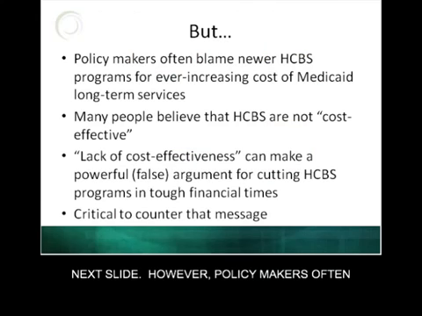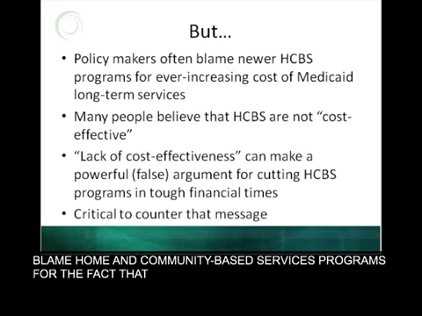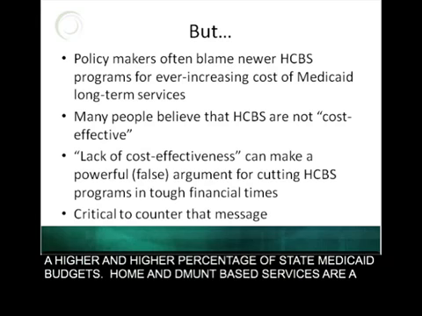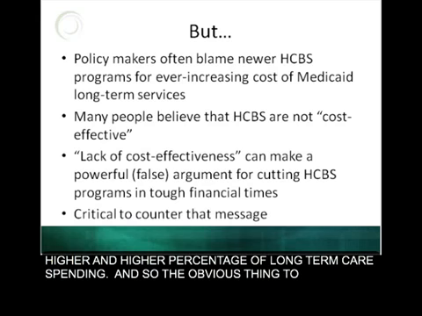Next slide. However, policymakers often blame home and community-based services programs for the fact that Medicaid budgets are always increasing. Long-term care expenditures become, over time, a higher and higher percentage of state Medicaid budgets. Home and community-based services become a higher and higher percentage of long-term care spending.